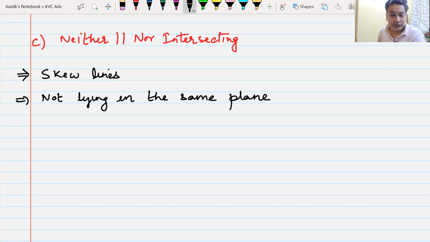You have to think of two lines which are not lying in the same plane. If your axis is the y-axis, your force should lie in a different plane.